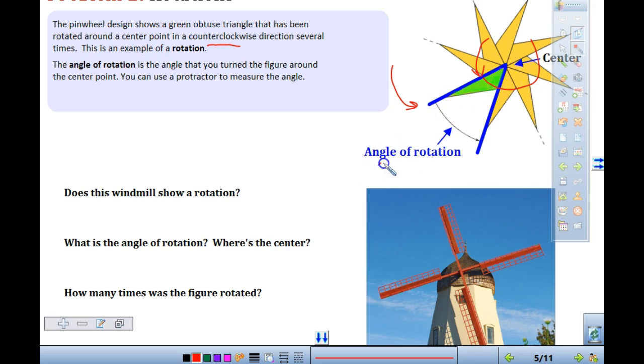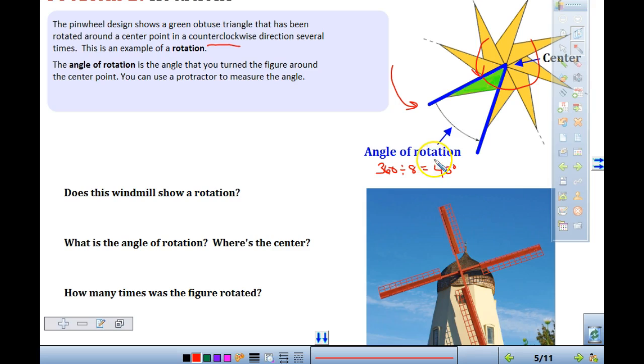So we could take 360 and divide it by 8, which means the angle is how many degrees? 360 divided by 8 is 45 degrees, right? So this angle of rotation is a 45-degree rotation.